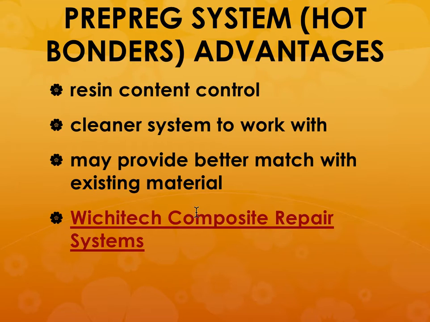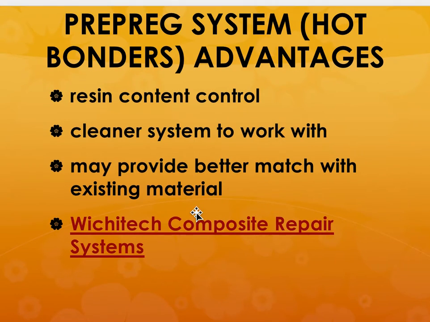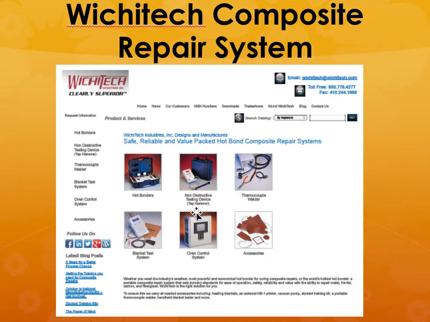So the standard one is the Vichitech composite repair systems. You can go there and check there. They have multiple systems there, and it's a pretty standard process that has been in use for quite a long time.